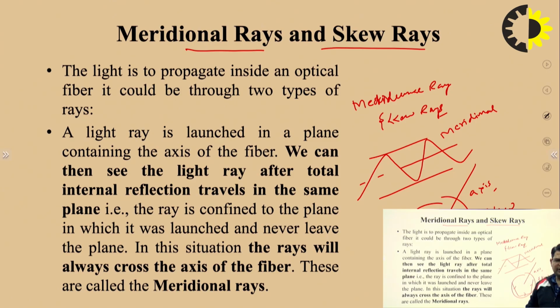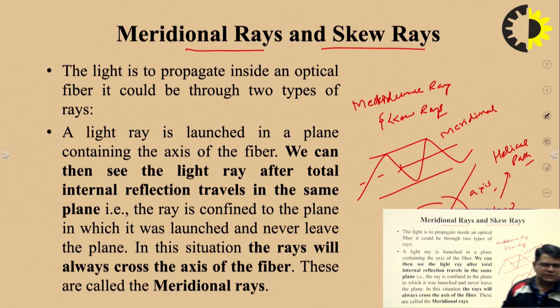Okay, so the main difference is that the meridional ray cuts or passes through the axis of the fiber while propagating through the fiber, whereas the skew ray follows a helical path. Skew rays follow the helical path and do not cut or cross the axis of the fiber.